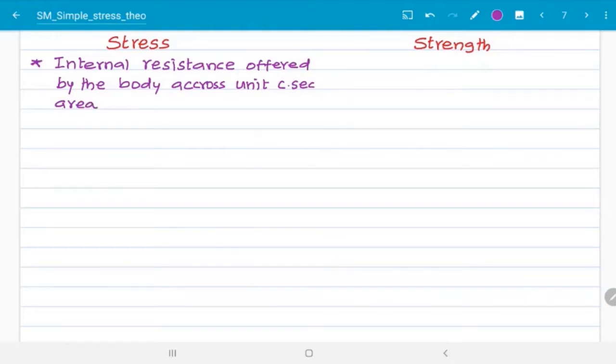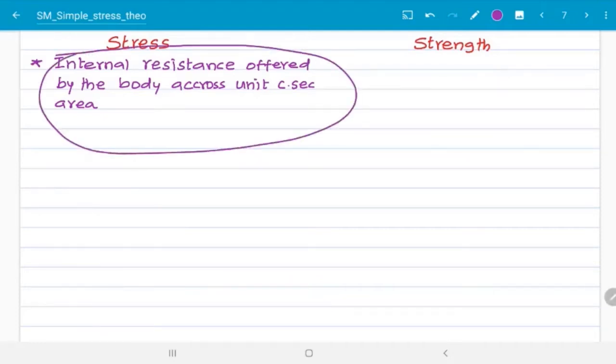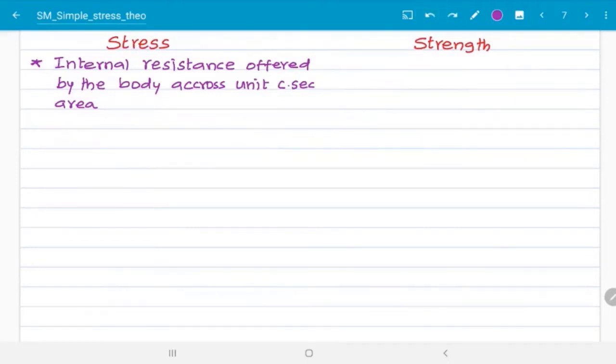See, never reduce the definition. In all the interviews, people are expecting this definition only. Don't say anything other than this. Internal resistance offered by the body across unit cross section area is nothing but stress.